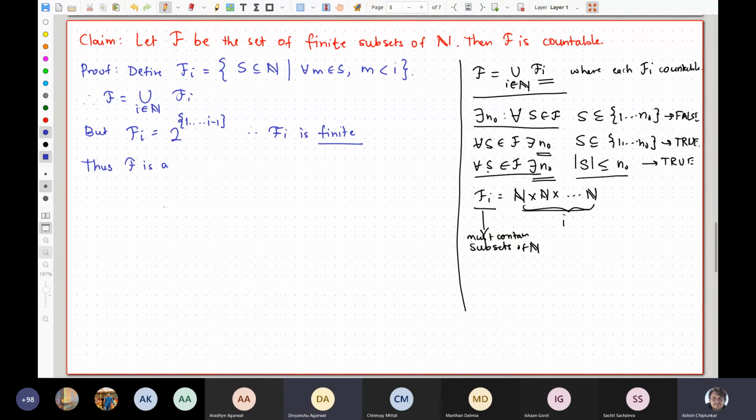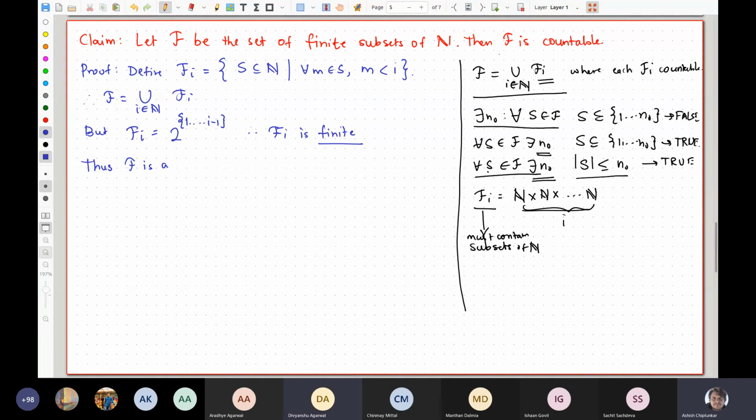I have a doubt in the definition of capital F. Does capital F have to include all the finite subsets of N? By definition, it is the set of finite subsets of N. That's the way we have defined F. We have not just said that every element of F is a finite subset of N. We have said that F is the set of finite subsets of N. So it means that it contains all the finite subsets, right?